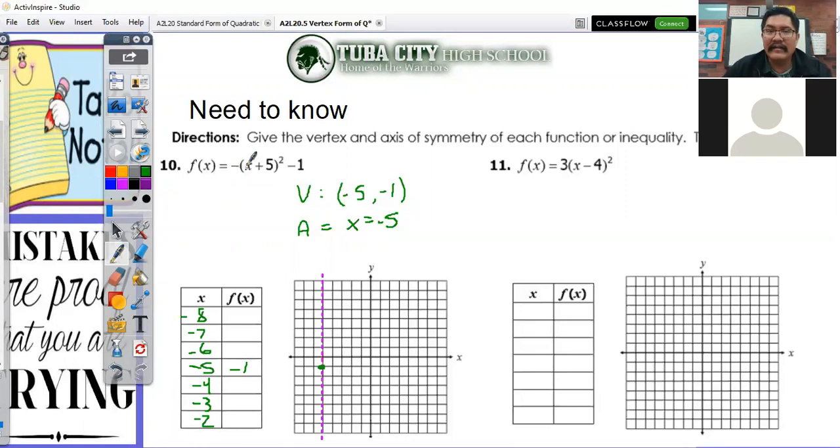So if it's negative, it's going to open down. So we've got to be careful with that. It's not going to go up. It's going to go down like this. So 1, 3. So move over 1, move down 3. And it looks like that's all the points we can put on the graph.